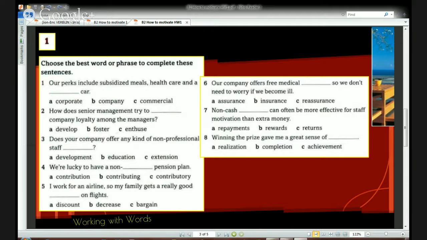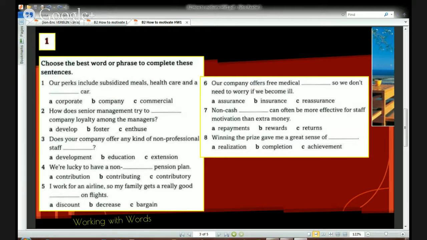So Jason, what do you think about number 2? We've got develop, foster, and enthuse. Number 2. How does senior management try to blank company loyalty among the managers? I think it's develop.